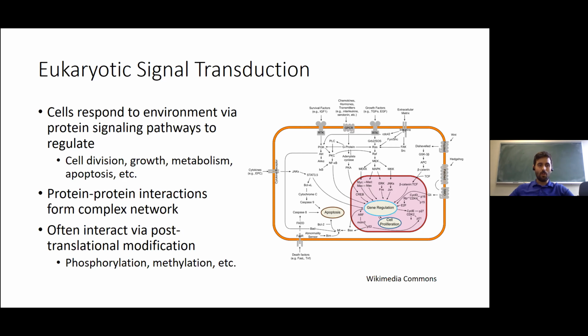These protein signaling pathways are composed of complex networks of protein-to-protein interactions. Many of the interactions between proteins take the form of post-translational modifications like phosphorylation, methylation. Historically, the way people have gone about studying these pathways is by trying to identify all the components involved, so identifying all the different proteins and trying to quantify all the interactions between them.